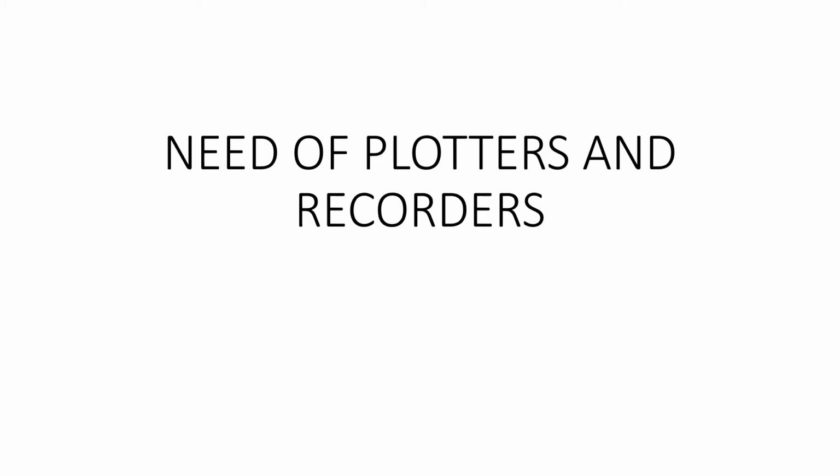To achieve this, the XY recorder is used, in which one variable is plotted with respect to variation of another variable. There are two types of XY recorders, namely the analog XY recorders and the digital XY recorders.